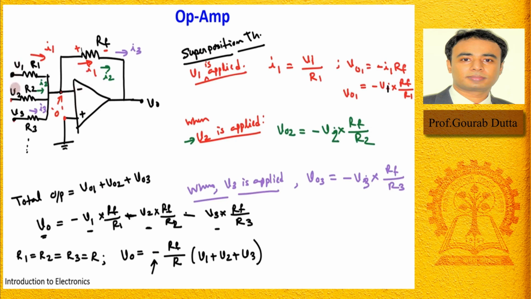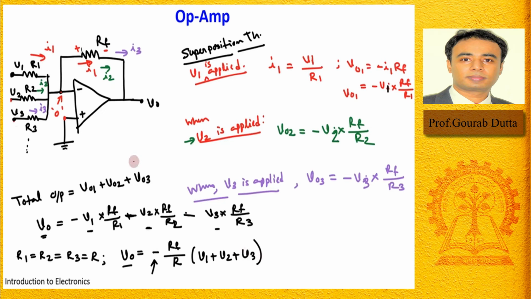As you can see, all three signals have been applied to the inverting terminal of this op amp, right? But if you see here, the output voltage is equal to the summation of V1 plus V2 plus V3, the summation of all three input voltages. If you consider V4, V5, those terms will also come as a summation.